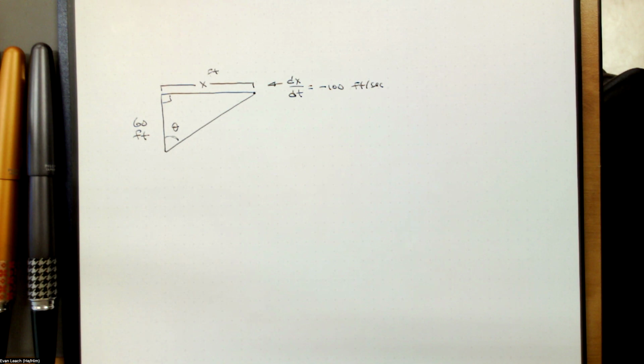We've got that fixed 60 that we want to use, and then I've got x and dx/dt. Here the question is about what is d theta/dt. So I need a relationship between theta and x. We can use r if we want, but because we have that data, I could say 60 is adjacent to theta and r is the hypotenuse, or I could just use x as the opposite.